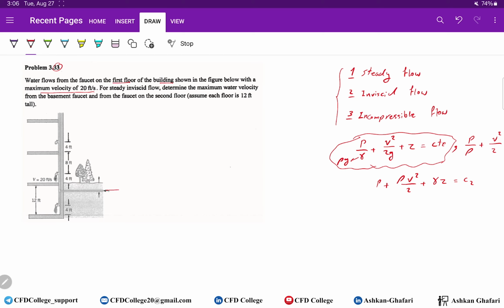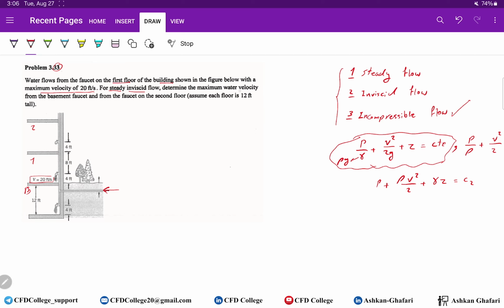Here we have the inlet of the water, here is the first floor, here is the second floor, and here is the basement. We know the velocity at this exit is 20 feet per second. We have steady inviscid flow, and since we are talking about water, it is incompressible, so the third assumption is true in this problem.